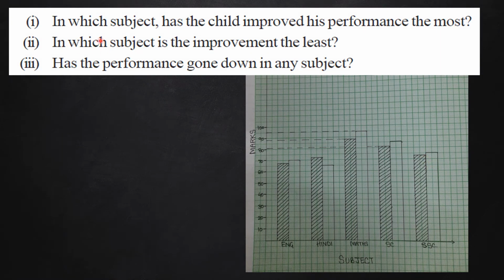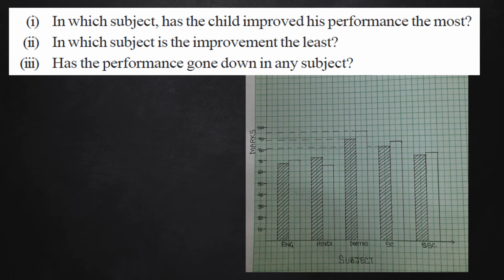So, in which subject has the child improved his performance the most? In this case, what will be your answer? We'll compare the bars. The performance improved in English, mathematics, science and social science.